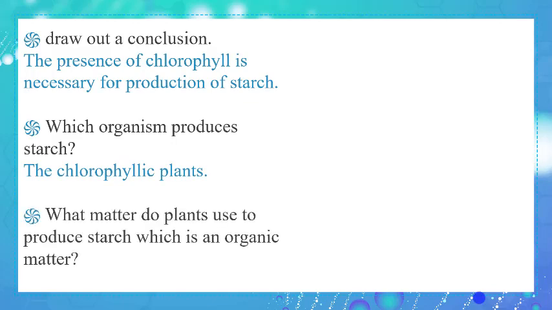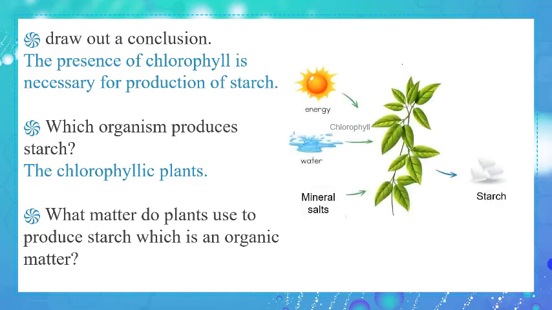What matter do plants use to produce starch, which is an organic matter? So we all know that starch is organic matter. What do plants need in order to produce starch? They need sunlight, chlorophyll, water, and mineral salts. Are these substances organic or inorganic? They are inorganic.